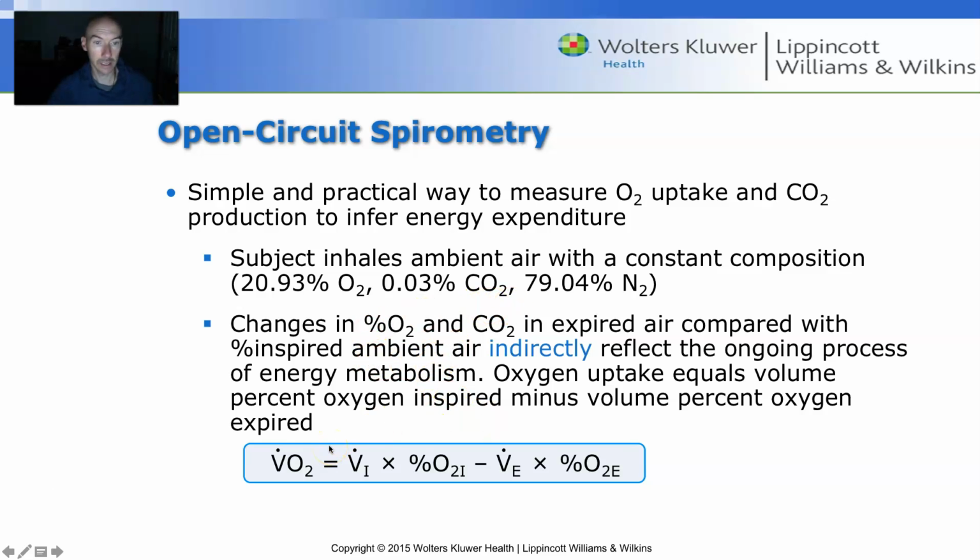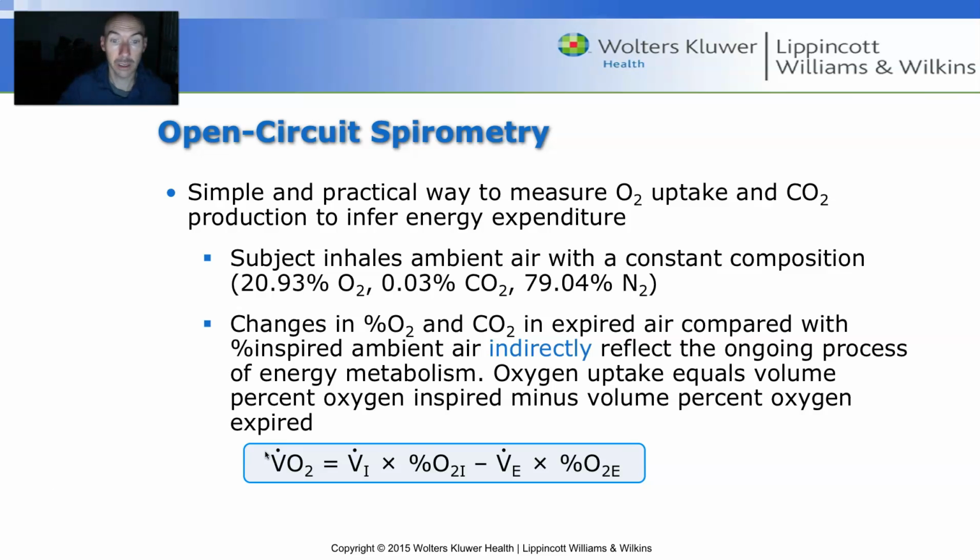So again, this equation, you don't need to really worry too much about. But what this shows you is VO2 stands for oxygen consumption. So how much oxygen are we consuming from the air around us and then using to produce ATP, right?